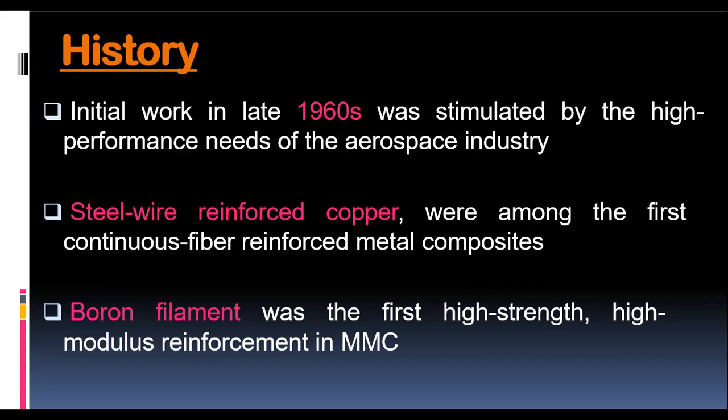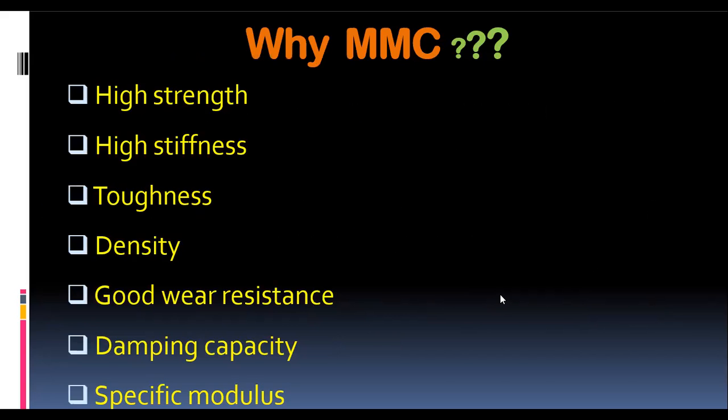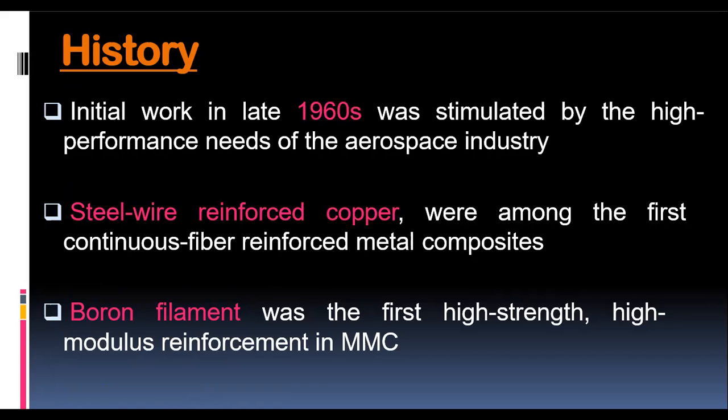And first of all, they have seen the steel wire reinforced copper, which were among the first continuous fiber reinforcement metal composites, and then they came to the boron filament, which was the first high strength and high modulus reinforcement in the metal matrix composite. So this is the first reinforcement in the metal matrix composite.